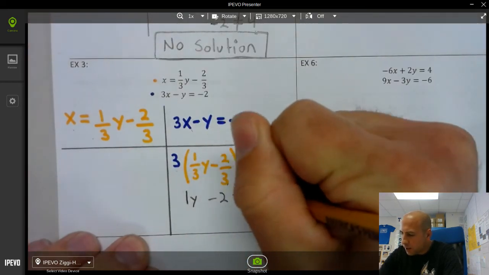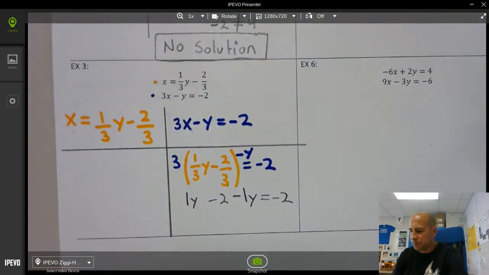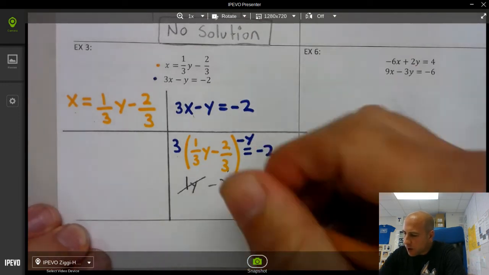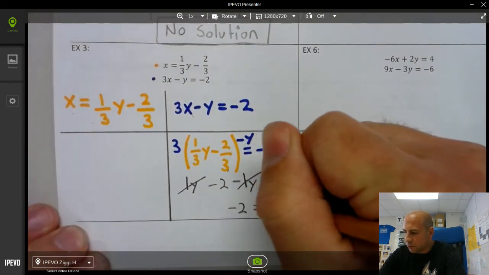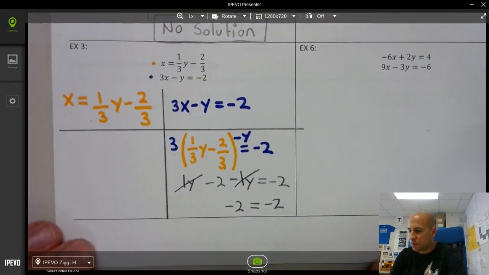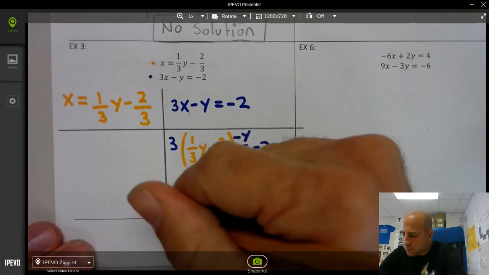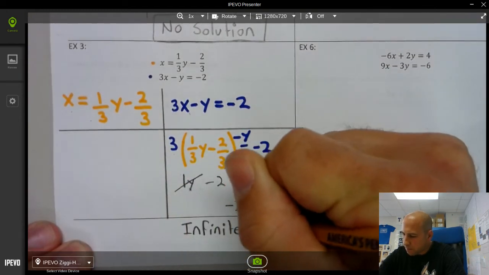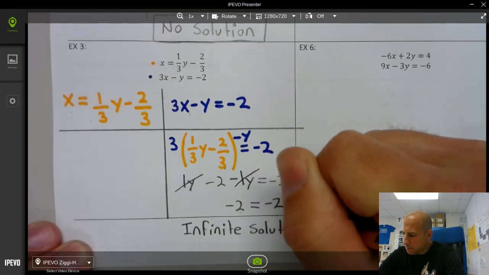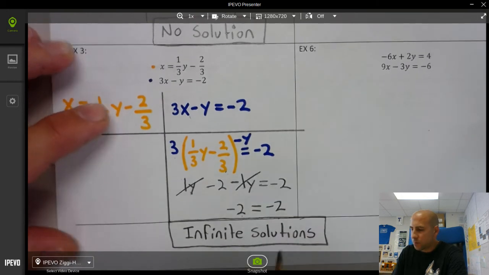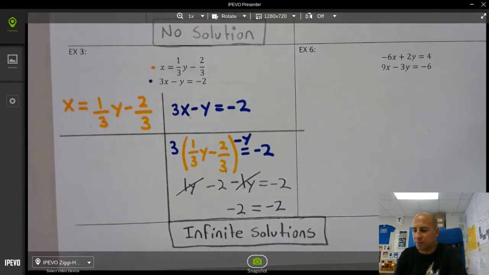Minus 1y equals negative 2. Okay. So we know that 1y minus y cancels. And you get negative 2 equals negative 2. Okay, which when you eliminate the variable and you're left with a true statement, it's infinite solutions. All right, so pause for a moment and finish up.